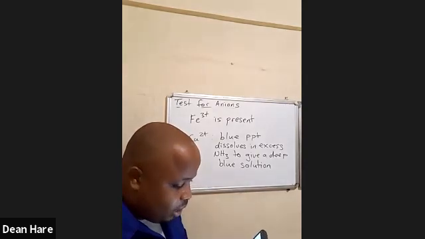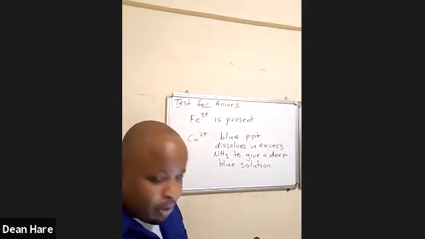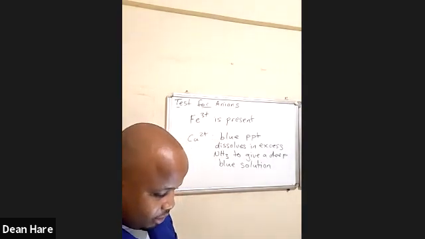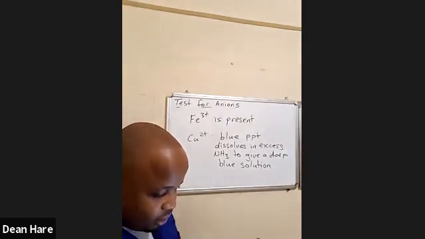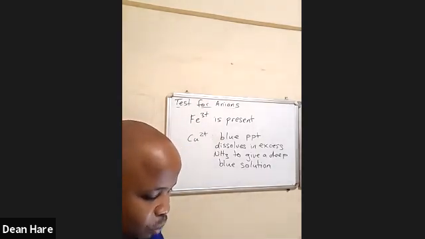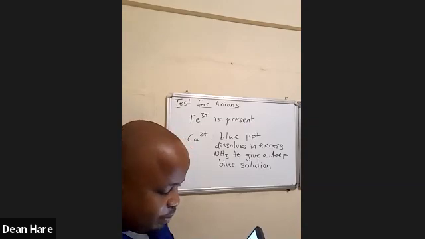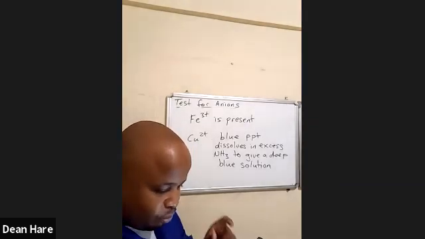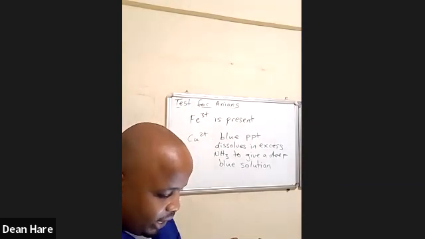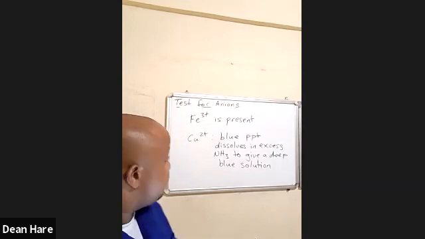They said that a strip of magnesium ribbon is added. If you look across, the observation is empty, so let's go to the inference. It says the magnesium reduces solution Y. Iron 2 ions are present.